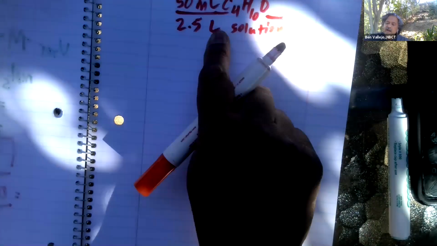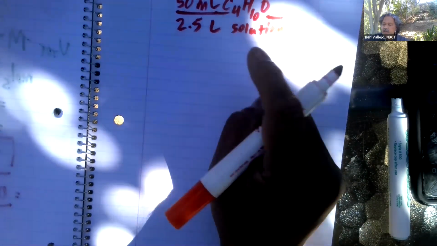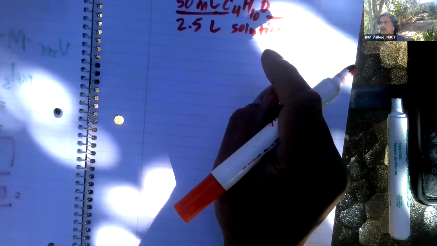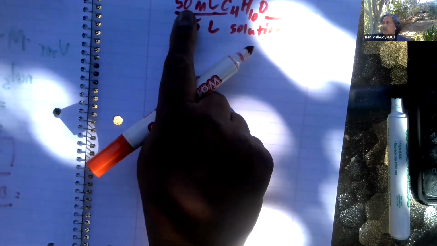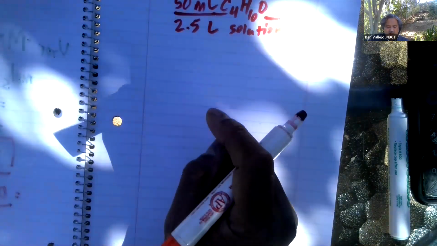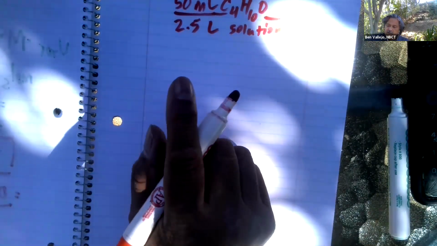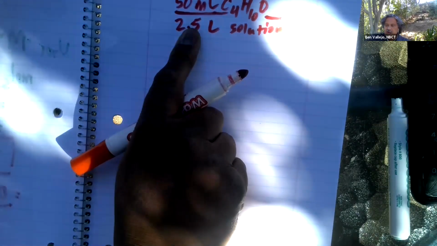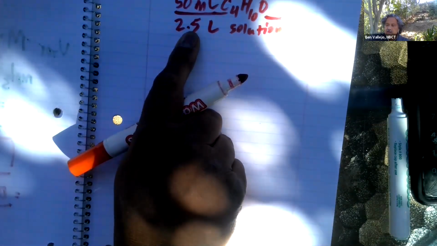Now again, you have milliliters and liters, so you've got to convert this. Remember, 100 is 0.1 liters, so 50 is going to be 0.05 liters. So we would take 0.05 and divide it by 2.5. Okay, so again, we could just show you.